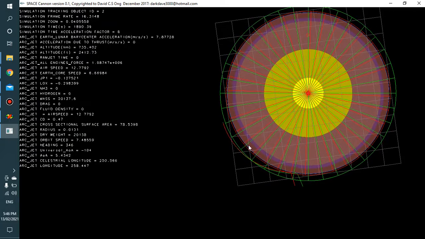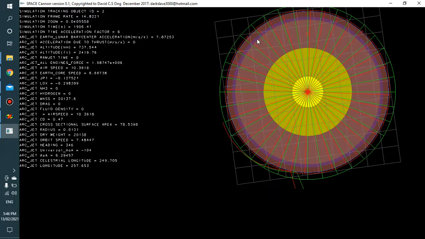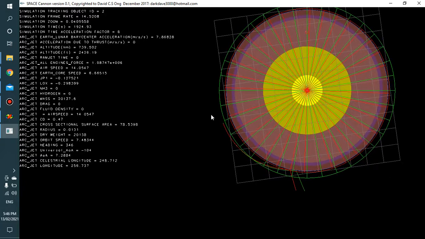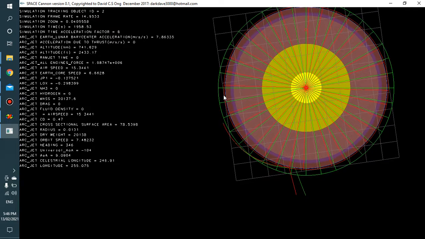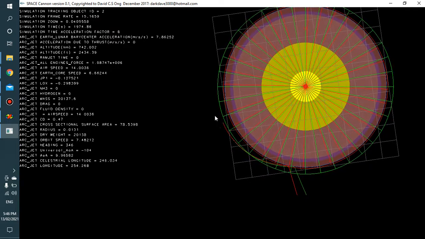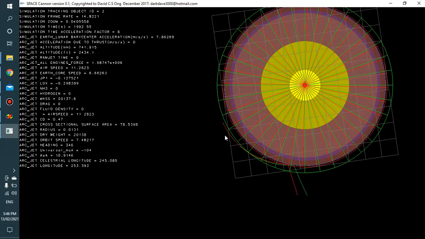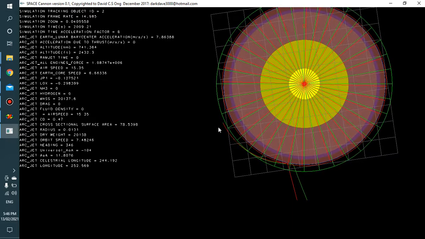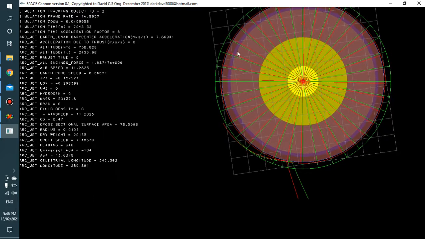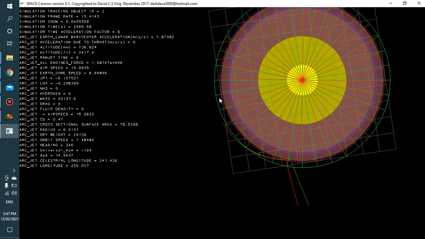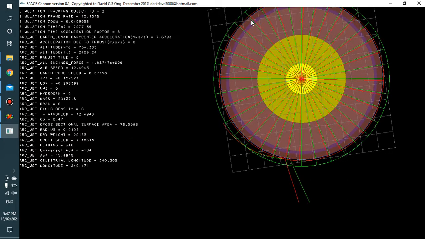Now, if you imagine you're on the North Pole looking down on the Earth, you will realize that the aircraft is actually moving from west to east. It's going eastward, right? And that's very important. The aircraft will not work going the opposite way. It will not work launching westward. It has to go eastward.